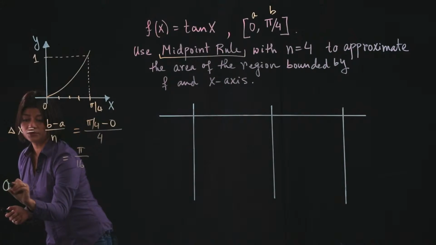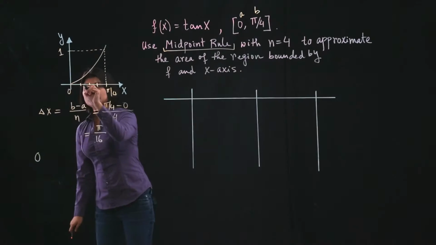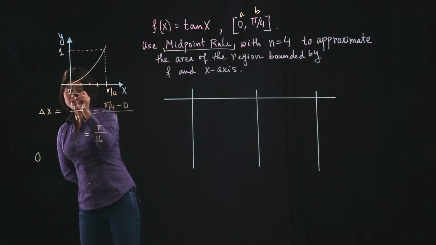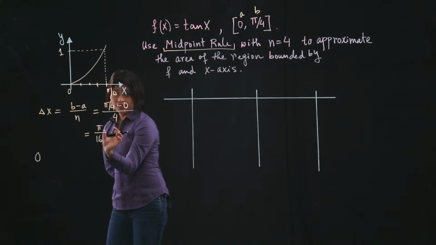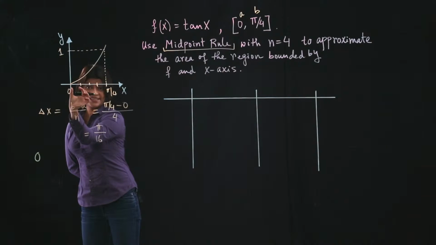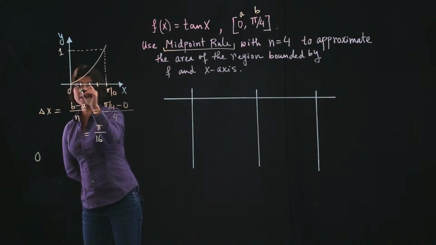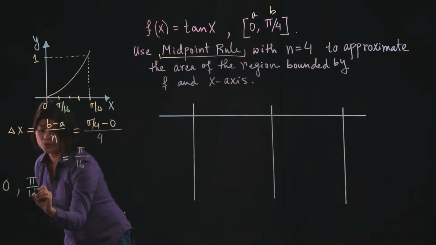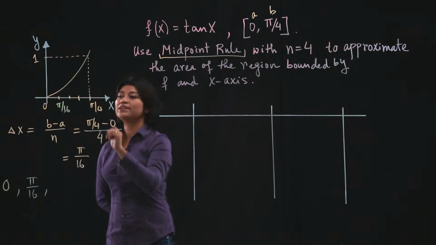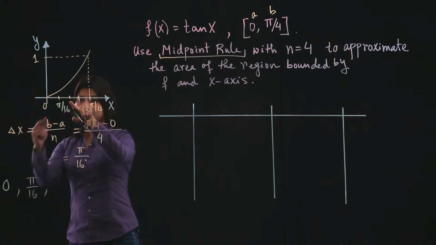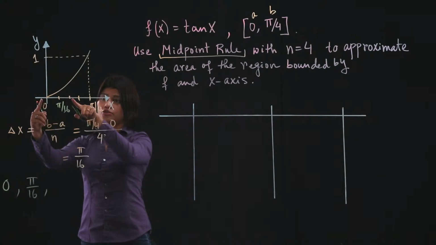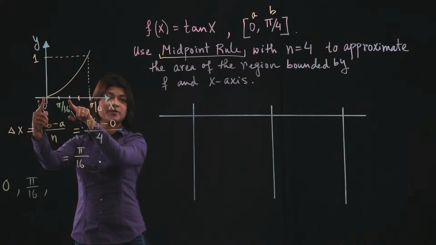So we have 0 as the first point, right? The next point, what is this x value? First one is 0. Look that the length of the subinterval is pi over 16. Therefore, this x value is pi over 16. So that's the next point. All right, what is the third point here? Each subinterval has the same length pi over 16. So the total length is 2 times pi over 16.